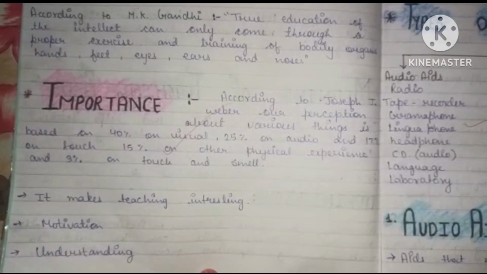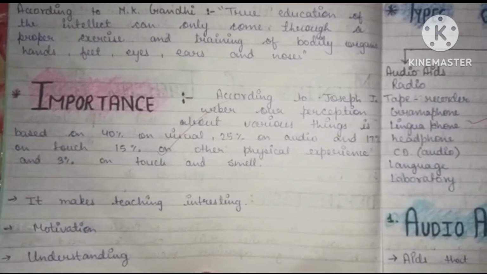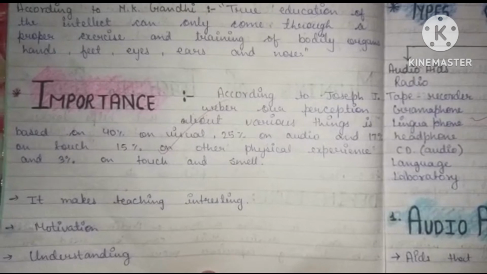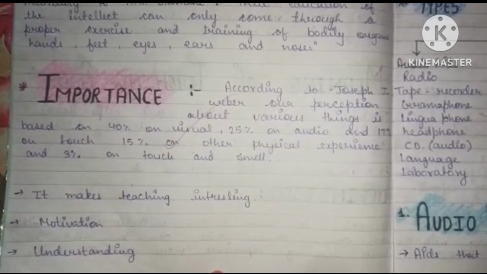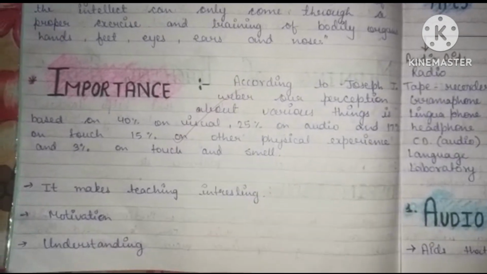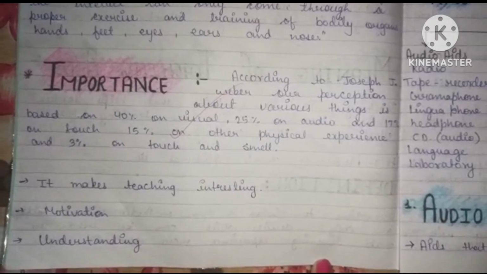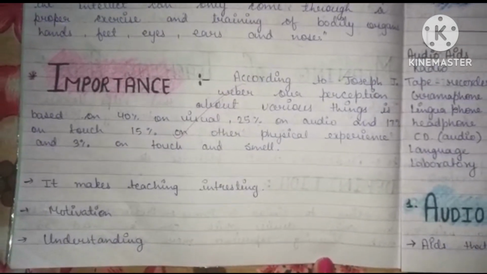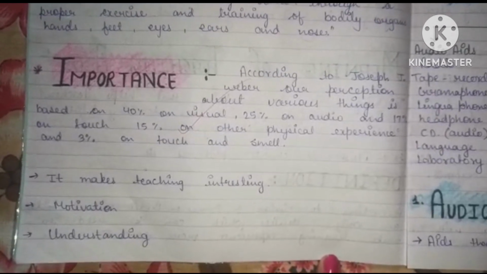We have the importance of teaching aids. Here we are going to write the importance according to Joseph J. Weber, who says our perception about various things is based on 40% visual, 25% on audio, 17% on touch, and 15% on other physical experiences, as well as 3% on taste and smell.